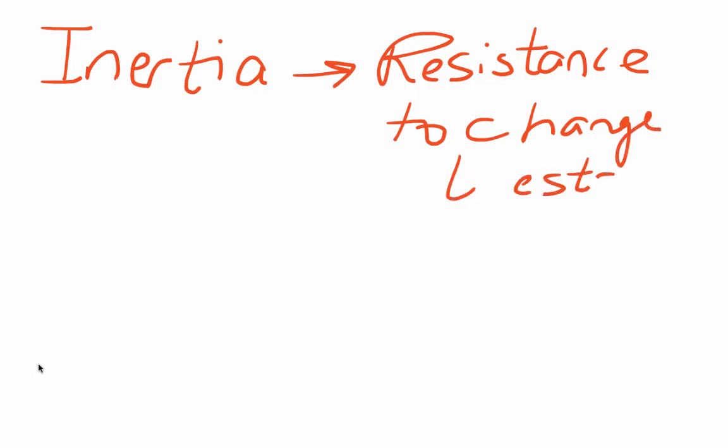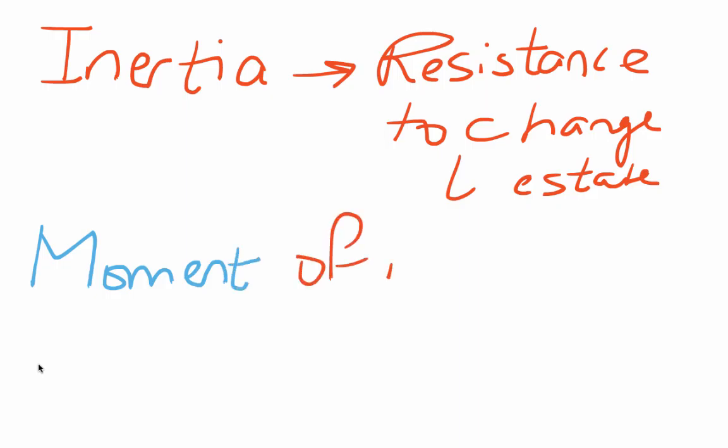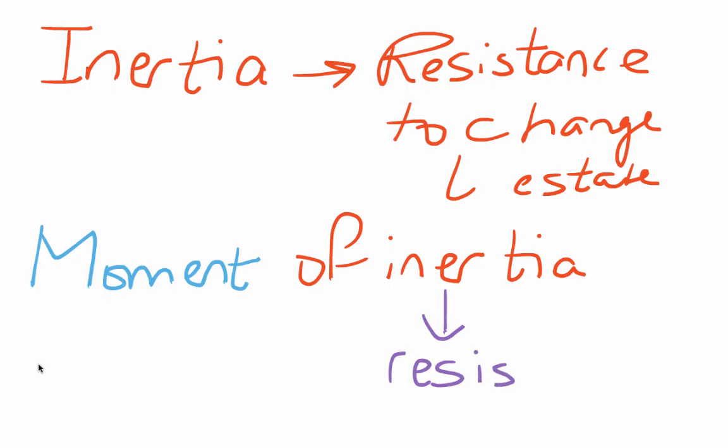In this new idea, the only new word added to inertia is moment. The word moment indicates that there is a resistance to happen. The inertia itself means resistance, but this resistance is only for rotational motion.